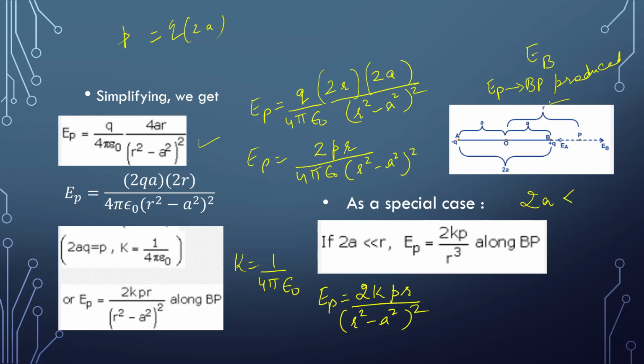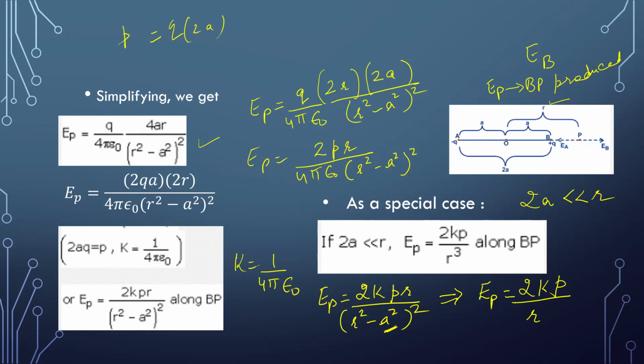So, when 2A, the size of the dipole, is very small as compared to r, then this A in the denominator can be neglected, and this is the special case which is called the relation for short dipole, that is 2kP upon r cube. And how do we get r cube?